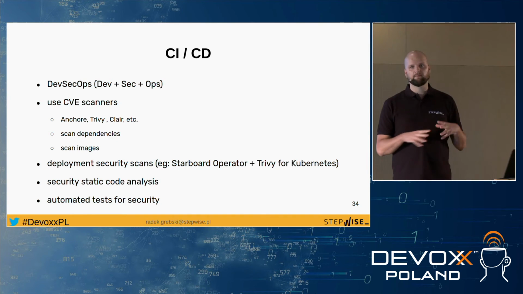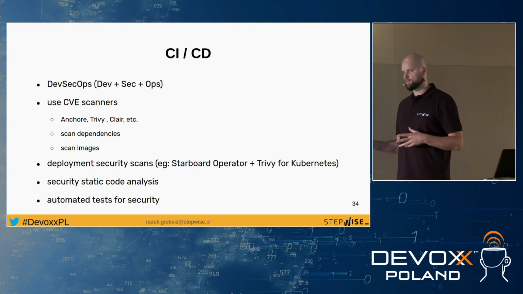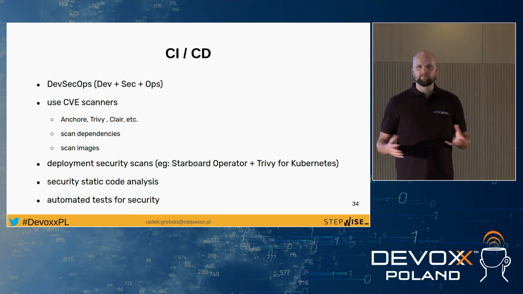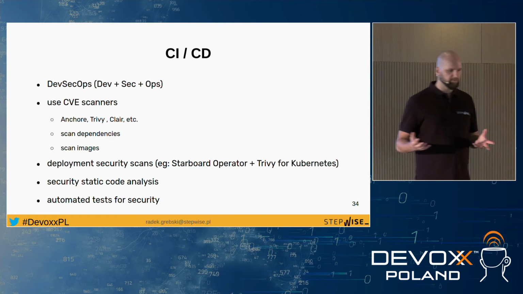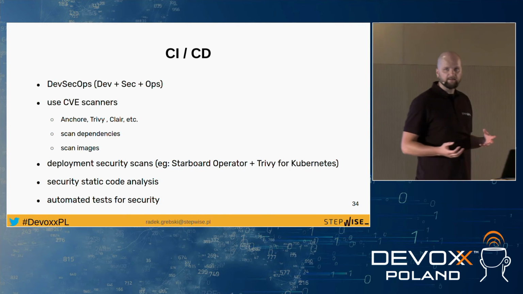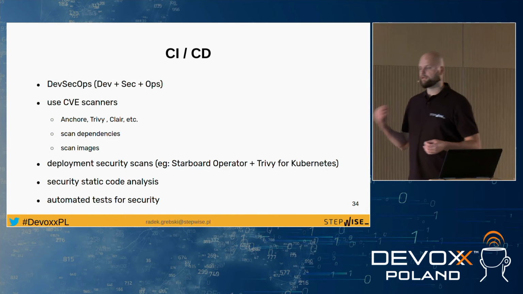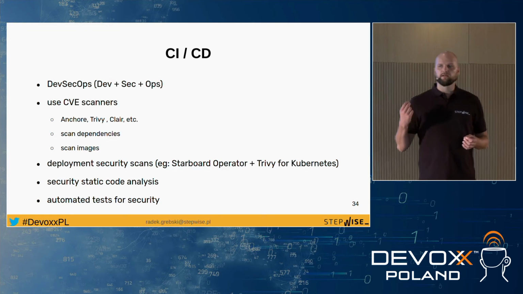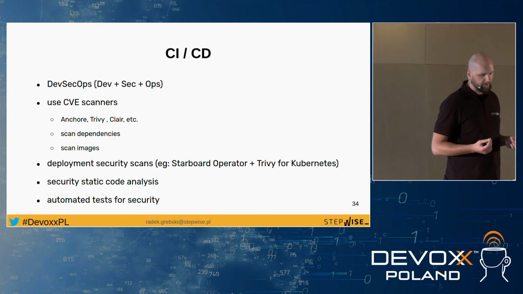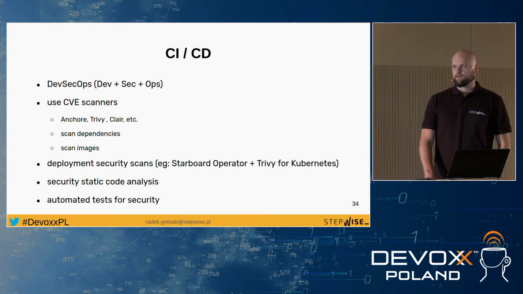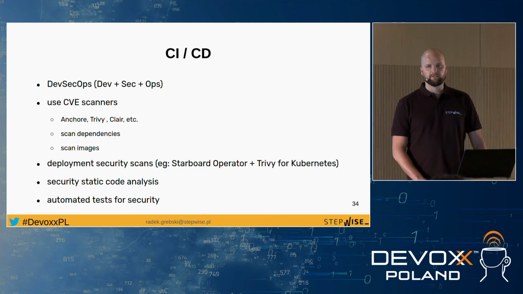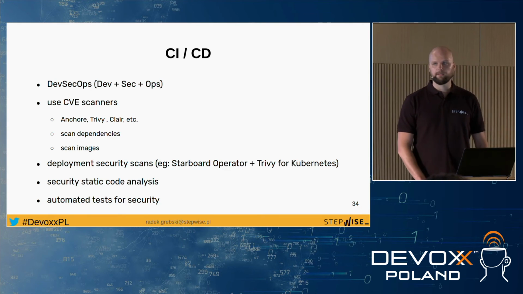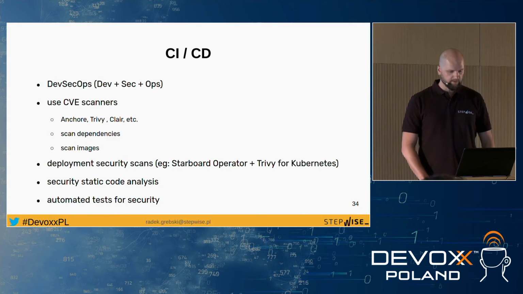For example, if you use an open source one, for example Harbor, it can integrate with either Clair or Trivy, and you can schedule scans on your container registry. Harbor will scan your images periodically and let you know if a new vulnerability came out and one of your images became unsecure.